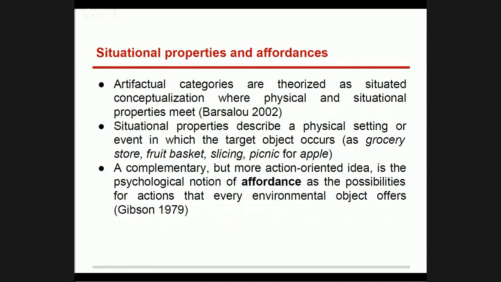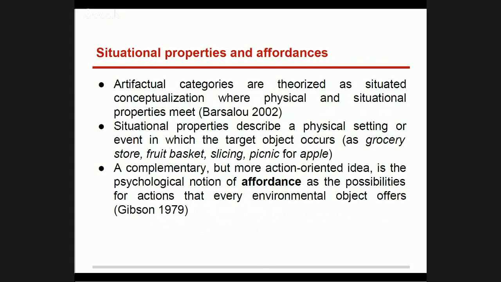With situational properties, Barsalou means the kind of physical settings and events an object can occur in. And we compare this information, modeled as distributional semantic vectors, with basic information about weight and dimension of objects that have been crawled from Amazon, from e-commerce websites that contain this information.